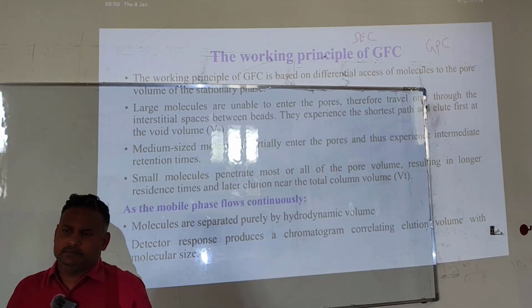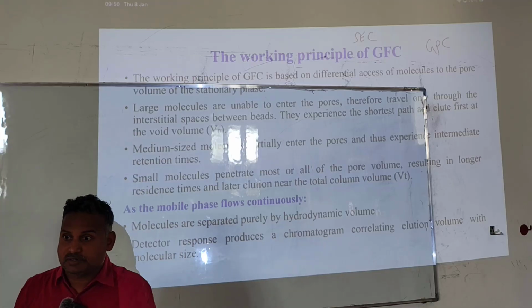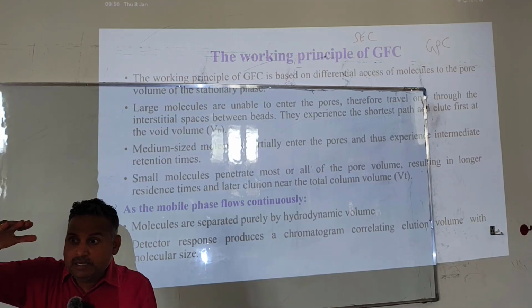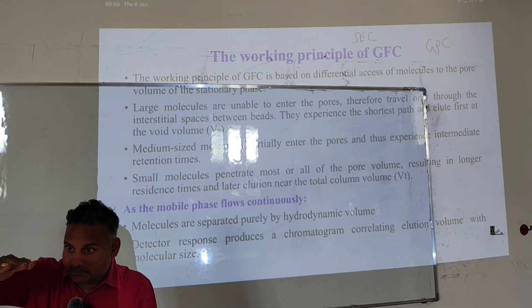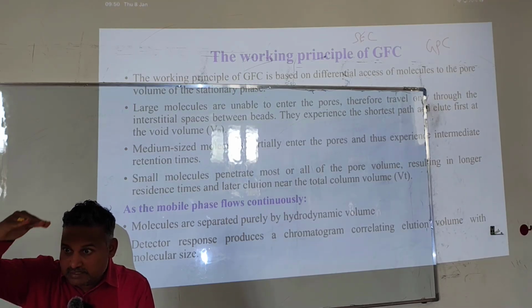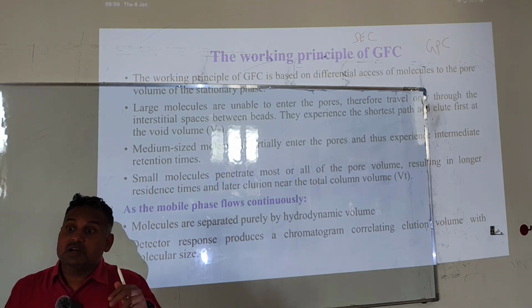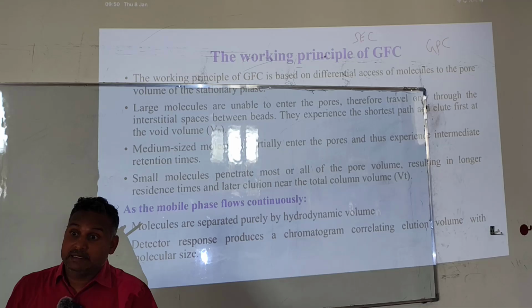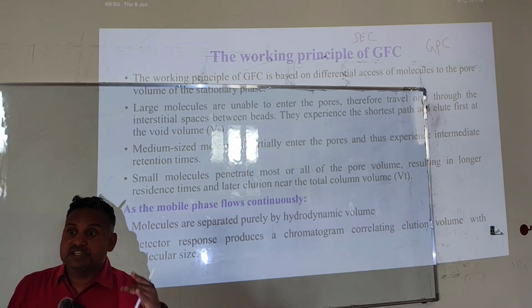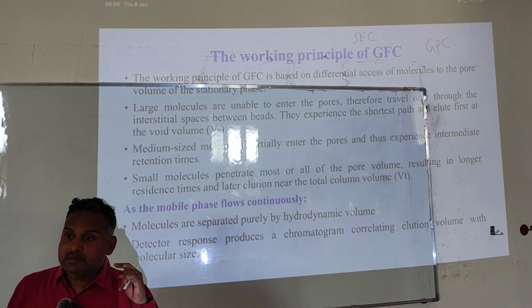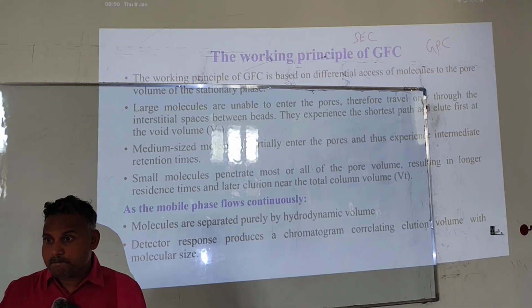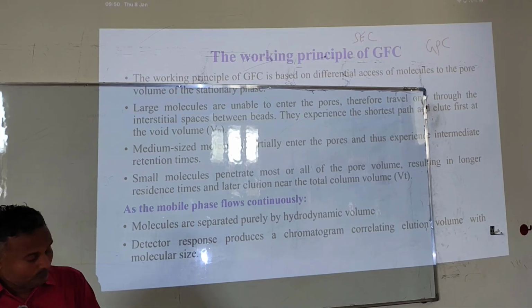So completely, if you have 10 types of molecules, the biggest one will move faster, and then smaller than that, and then smaller than that, and so on. In that sequence they will come one after another. The complete separation process depends on the size of the molecules. So, is it clear?